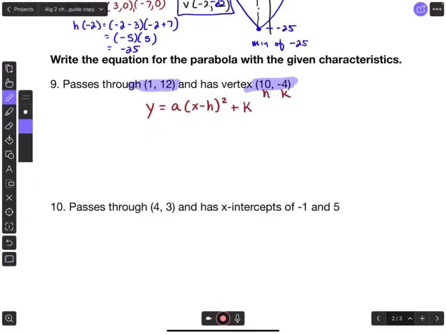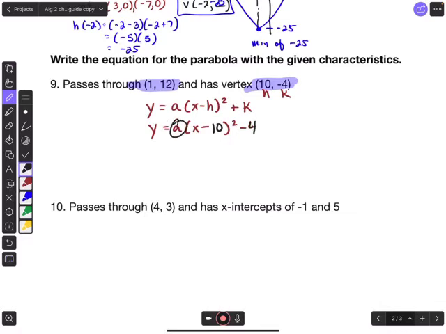So y equals a times x minus the h value, which we know is 10 because they told us, plus k. Oops, they told us -4, so I'm going to erase that plus sign. Just put plus -4, like that. And I'm almost done.